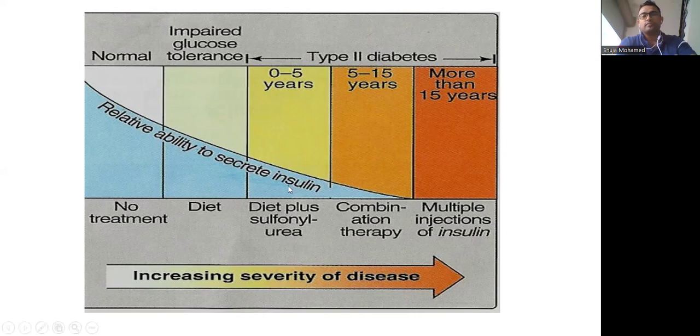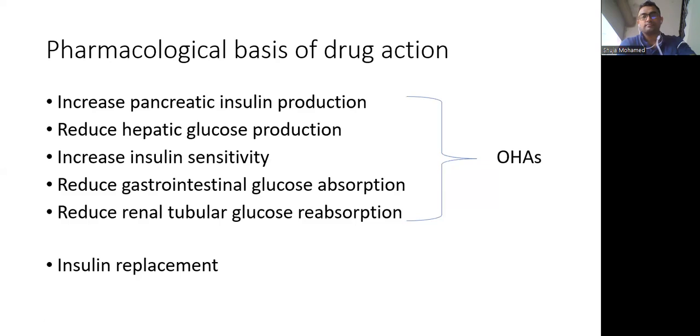So if you are taking medication and proper drugs, then relatively you can shift the curve from here to here. Then you can maintain. So now we saw what will happen in diabetes. Reduced insulin secretion or reduced insulin sensitivity, and blood glucose level is increased.